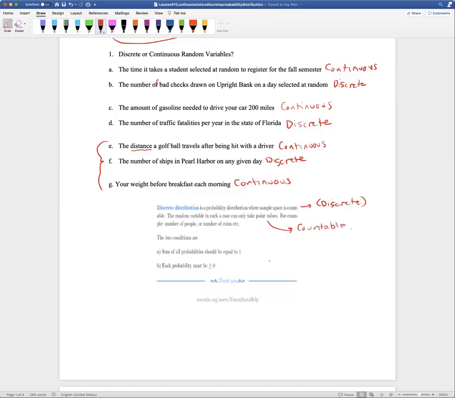Now let's talk about the conditions for a discrete probability distribution. If we're looking at a discrete probability distribution, we have a couple of conditions here. First of all, when we add up all of the probabilities, we should get 1. What that means is we're covering the entire sample space, the entire range of the sample space.